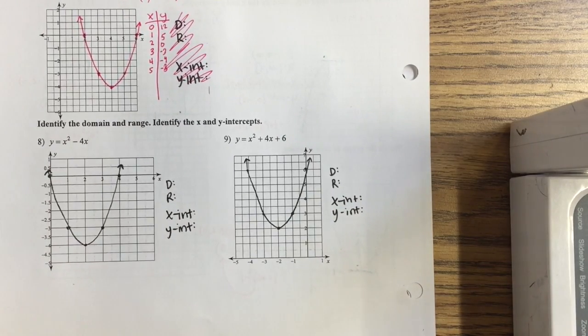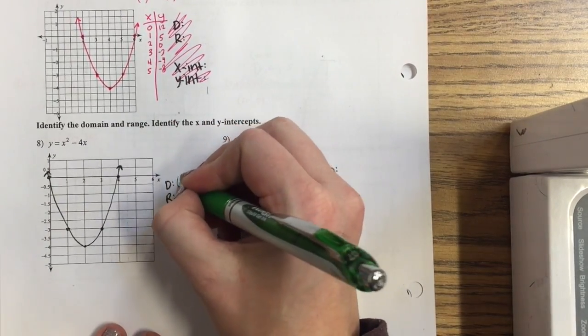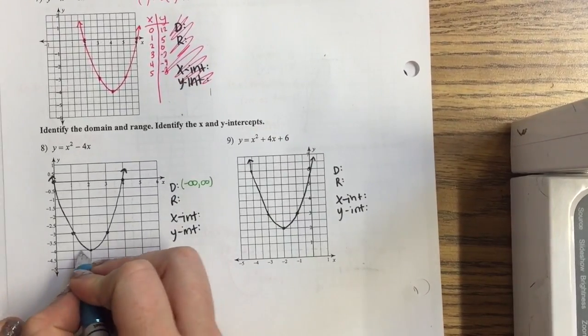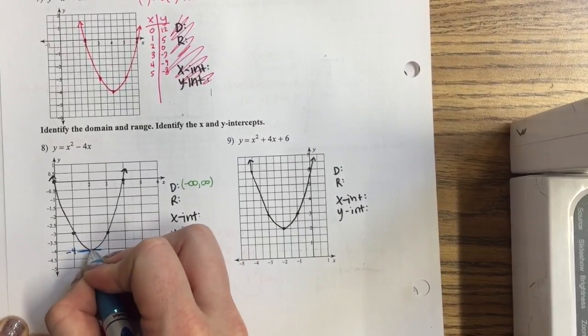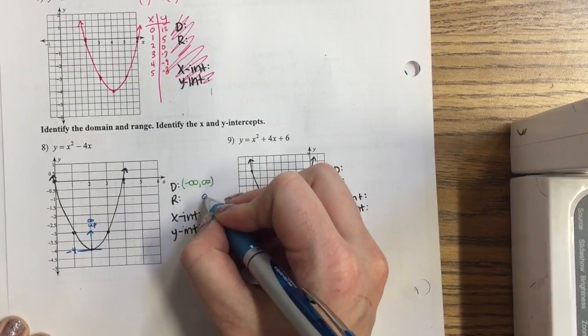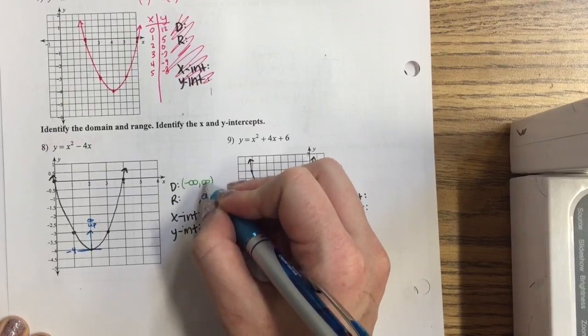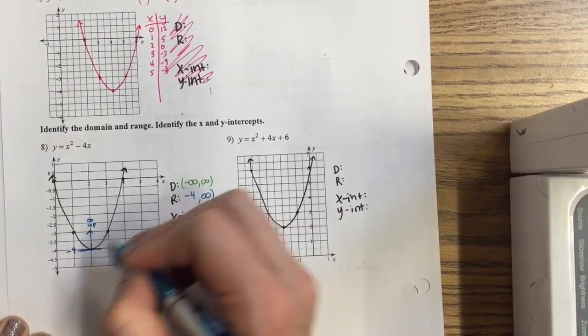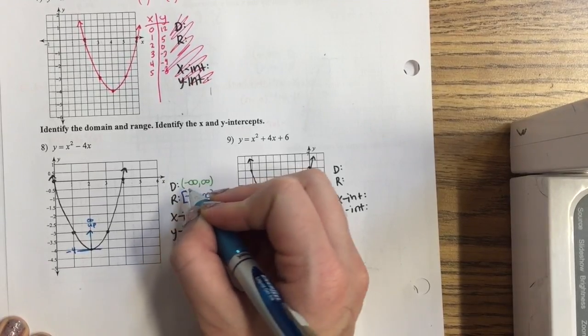Last two. Domain, I have negative infinity to positive infinity. My range, it stops at -4 and opens up. Up is a positive infinity, which means positive infinity lines up. I fill in the gap with my number, and I put that it stops at that number.